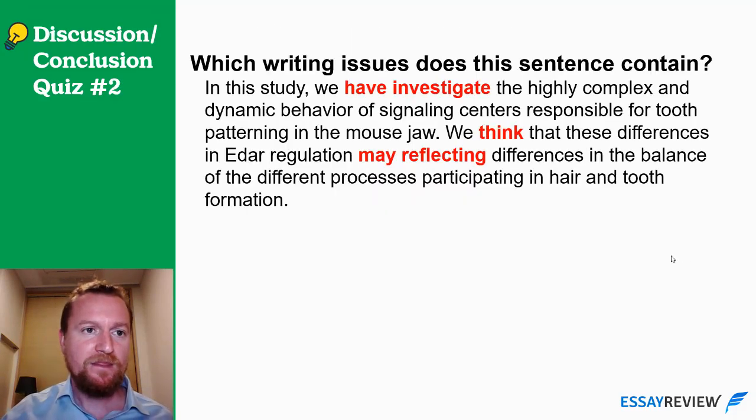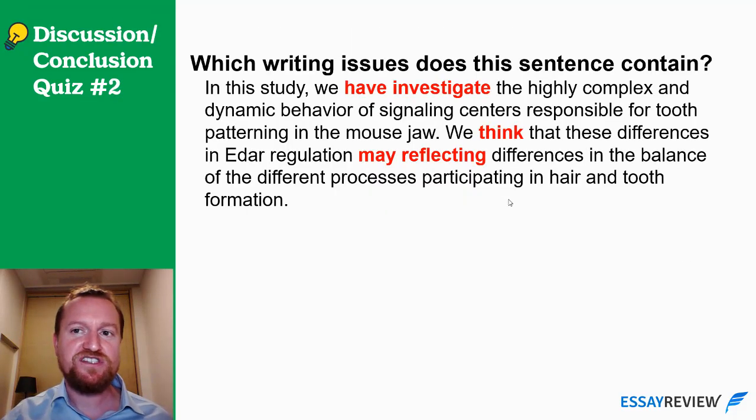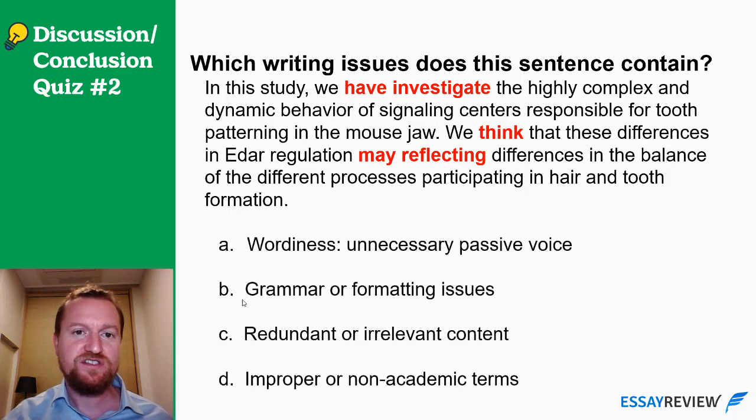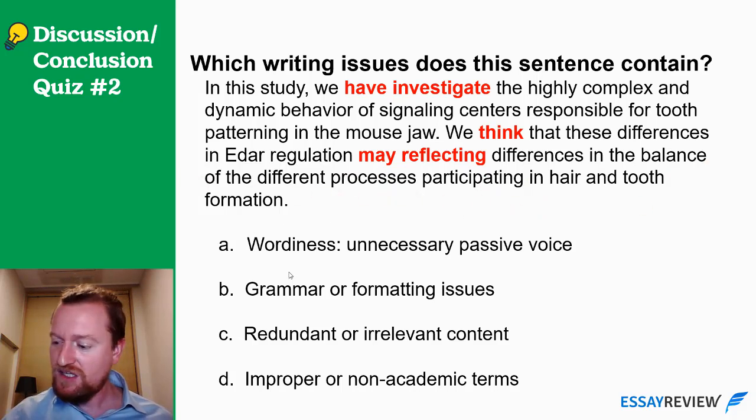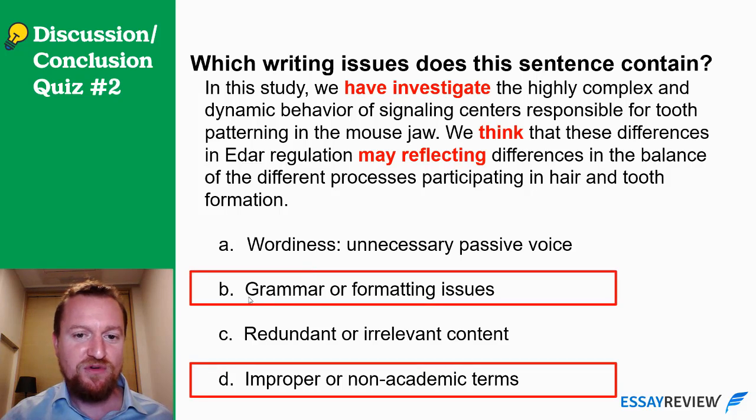Which writing issues does this sentence contain? Here are your choices. "In this study, we have investigate the highly complex and dynamic behavior of signaling centers responsible for tooth patterning in the mouse jaw. We think that these differences in EDAR regulation may reflecting differences in the balance of the different processes participating in hair and tooth formation." Again, we have two answers this time, and those are grammar or formatting issues.